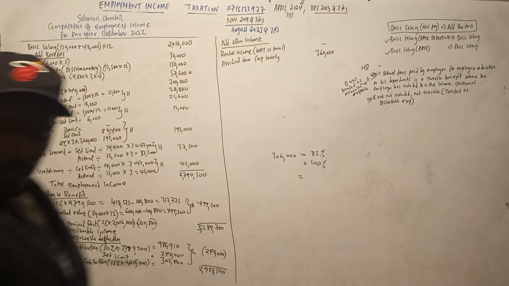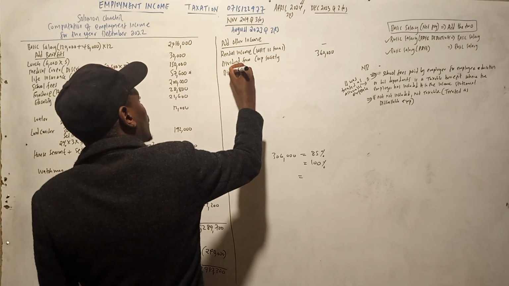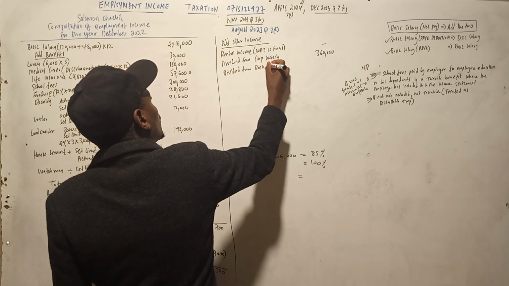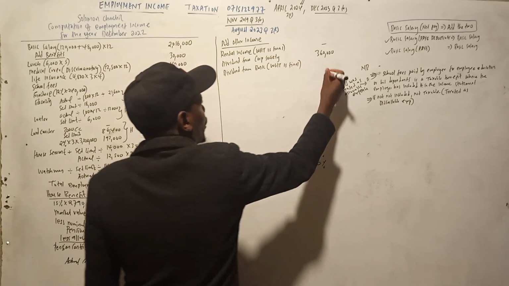We have another form of dividend, dividend from bank. That one we know that withholding tax is final, whether it is qualifying or non-qualifying.